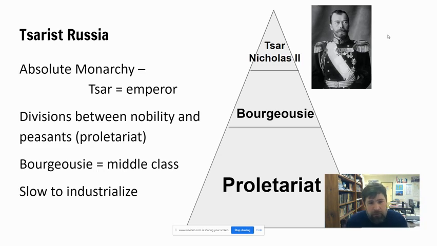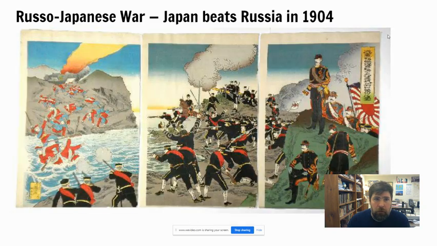When communists talk about the middle class not caring about poor people, they're often referring to the bourgeoisie. And then the peasants are called the proletariat. The Tsar is living a lavish lifestyle, as European monarchs typically did, and he's not industrializing the country very quickly.